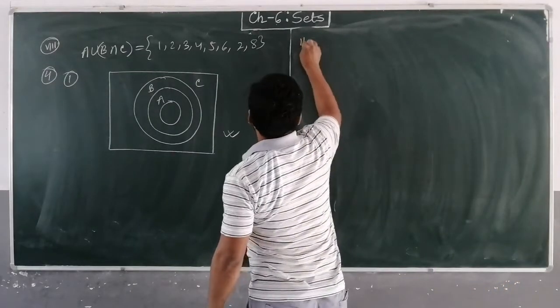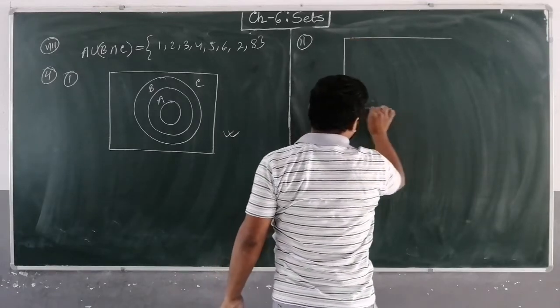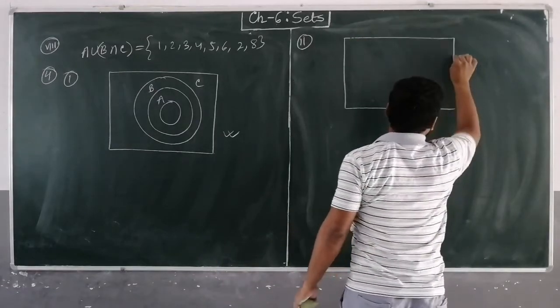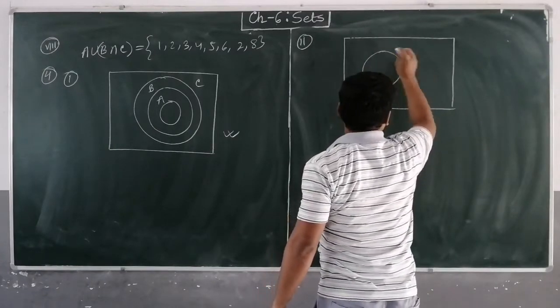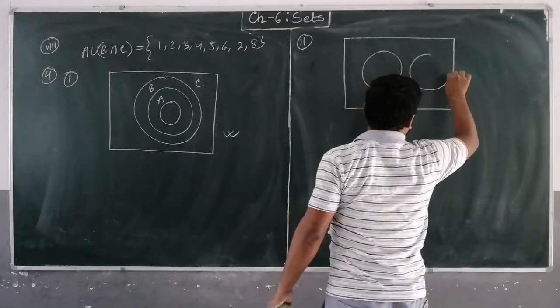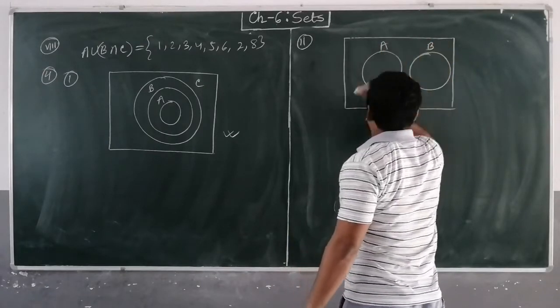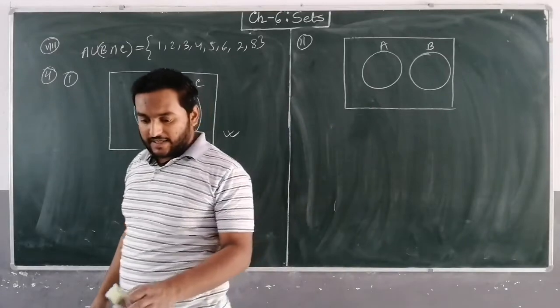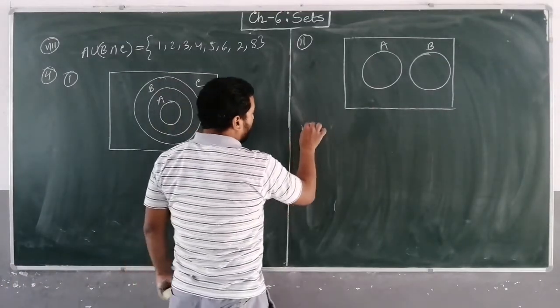Okay, second part, two sets are there, A and B, and they are disjoint. This is very easy to represent. Only make two circles which are not overlapping. So this is set A and this is set B. So two sets are there, sets A and B, which are disjoint. So this is the second part.